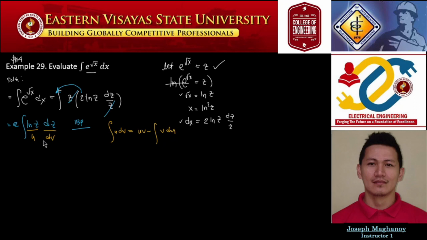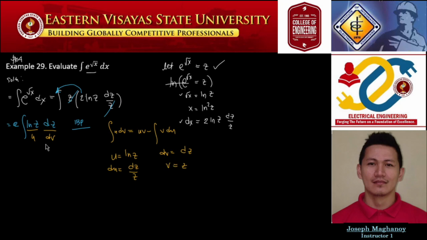So what is our u? That is ln z. The derivative of ln z, that is your du, is dz over z. The other side, your dv is equal to dz. If you integrate, you get v equal to z.